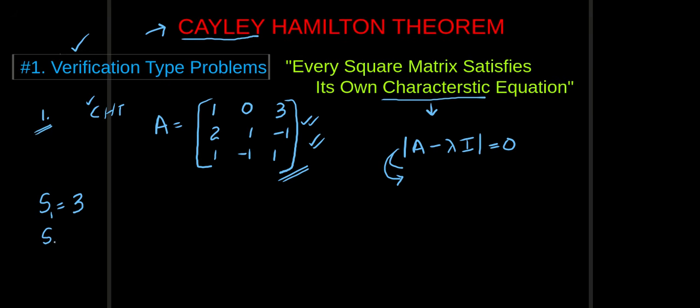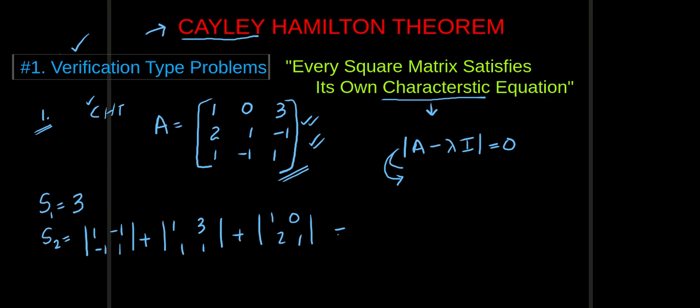And S2, that means sum of the minors along the leading diagonal. That simplifies to 1 minus 1, that is 0, and then 1 minus 3, and finally 1 minus 0.